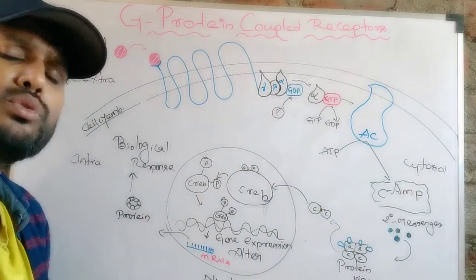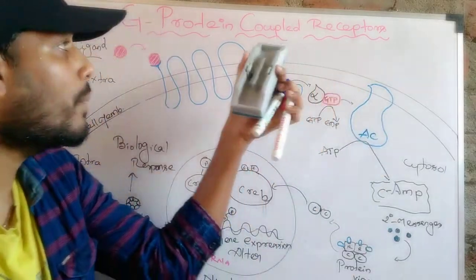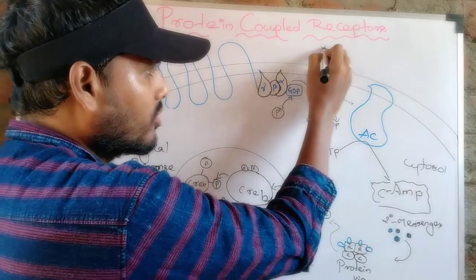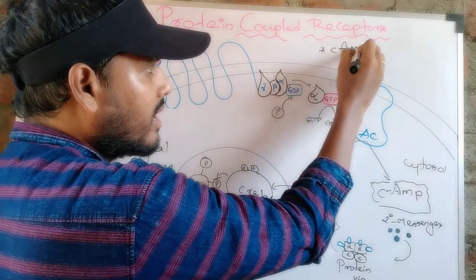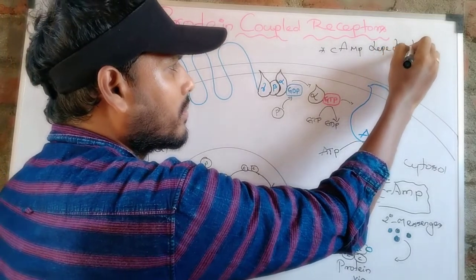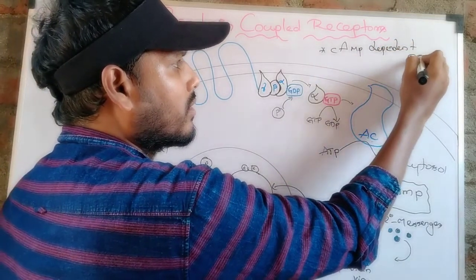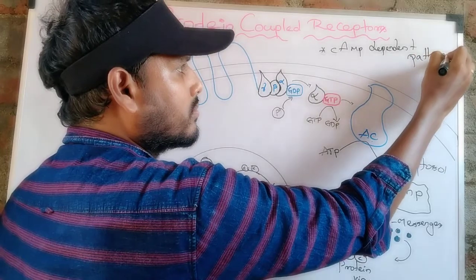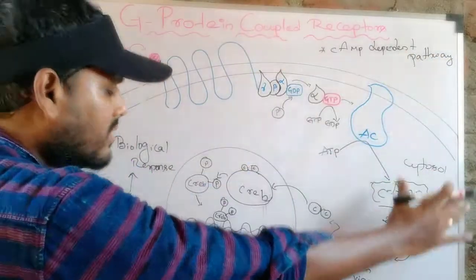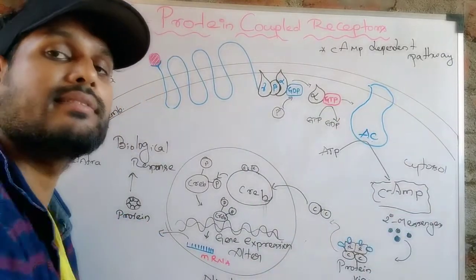So we have 2 types of pathways in the G protein coupled receptors. One is, as you have seen, the cyclic AMP dependent pathway. This pathway is completely dependent on cyclic AMP.